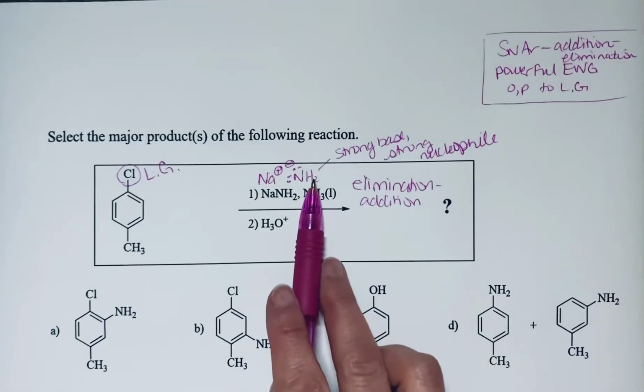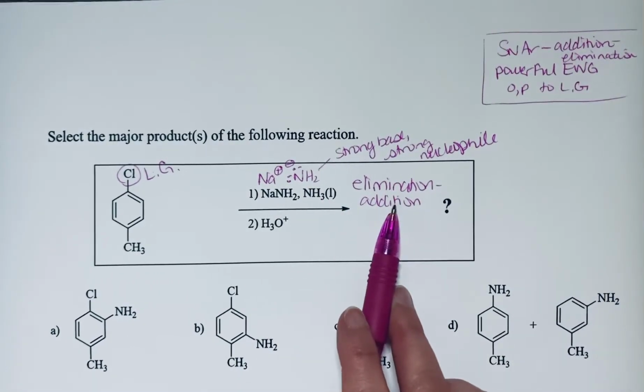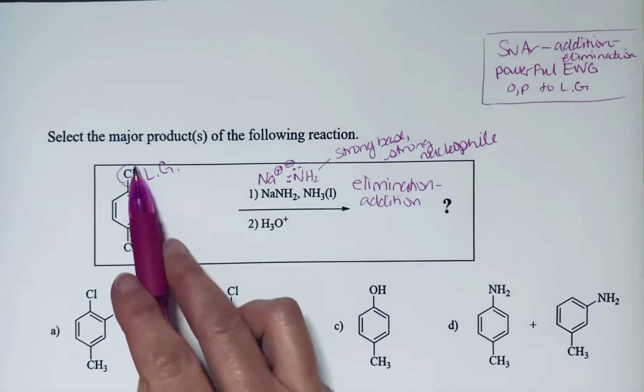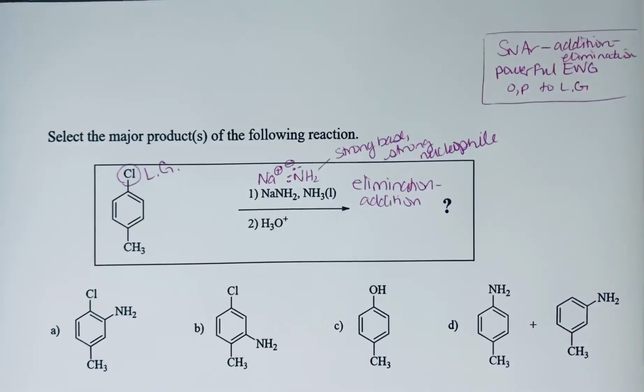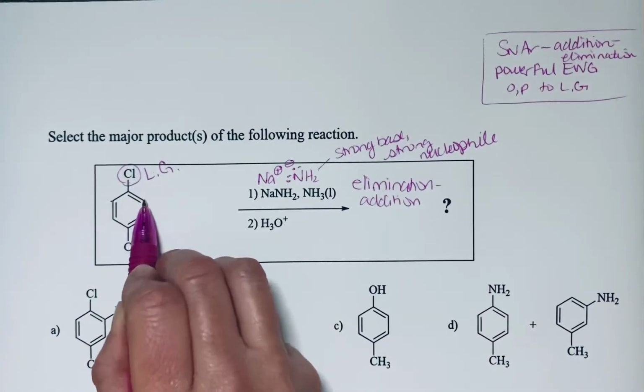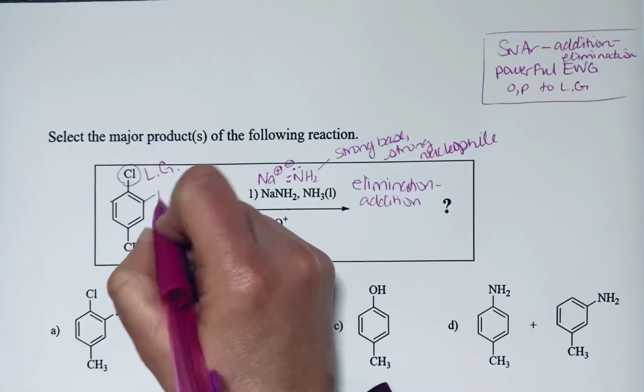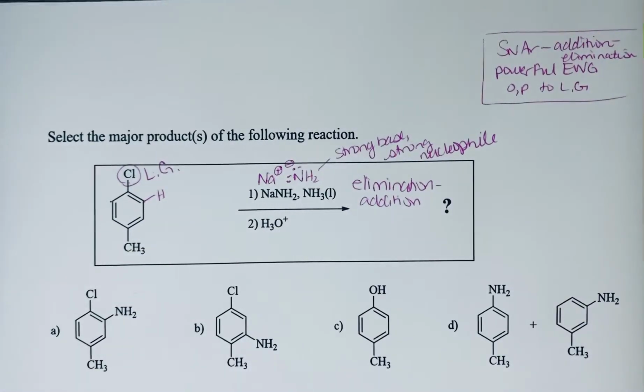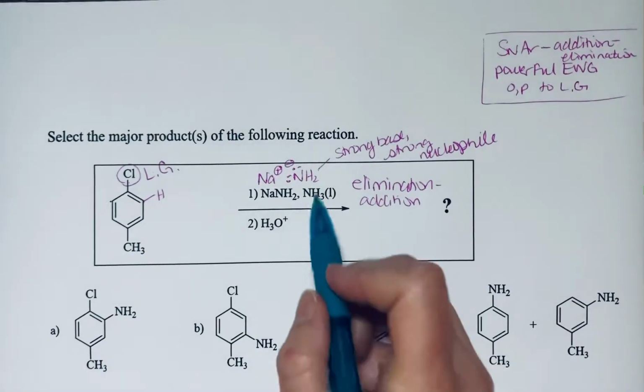Okay, so with this strong base, it's going to undergo elimination and then addition. So the elimination here is going to look much like the elimination that you saw when you looked at, say, E2 reactions, right? So you've got a leaving group, so you're going to take a hydrogen from one of the adjacent carbon atoms. So we can draw one here, and we can take that strong base, strong nucleophile, and do an elimination.